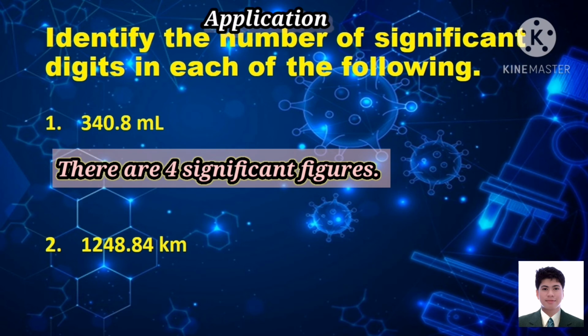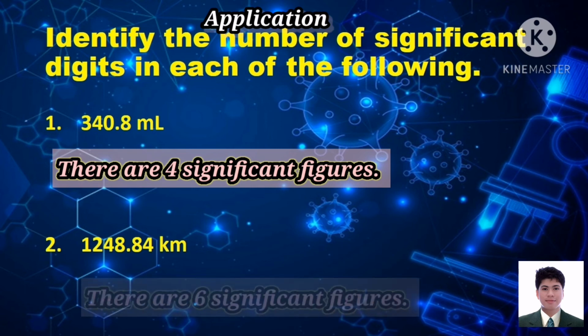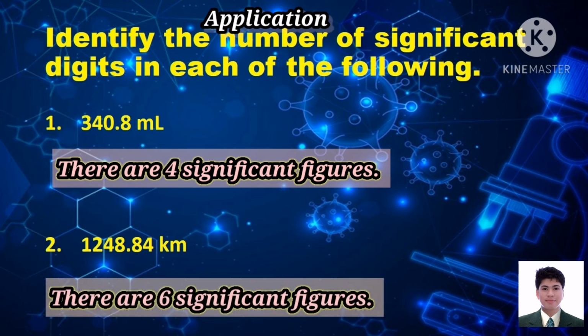In number 2, how many significant figures are there in 1,248.84 kilometers? So learners, what is your answer? Impressive. The correct answer, there are 6 significant figures.